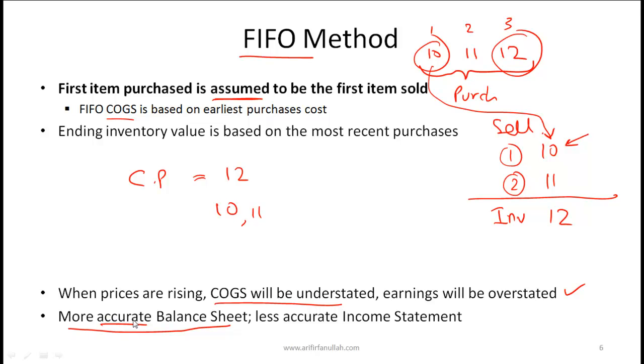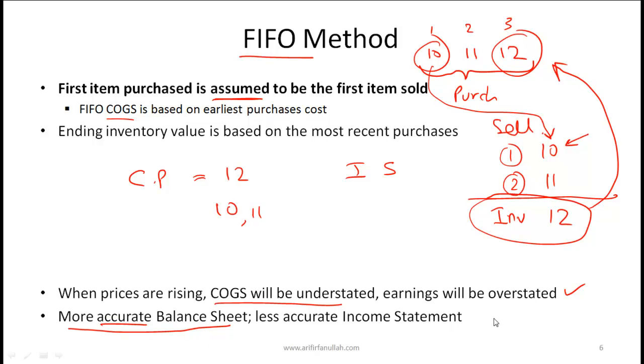By accurate balance sheet, we simply mean that the values shown on the balance sheet, so in this case inventory value of 12, more accurately represent current prices, whereas on the income statement we are using the cost of 10 and 11, which does not accurately reflect the current cost of buying chairs. So we have a less accurate income statement and a more accurate balance sheet.